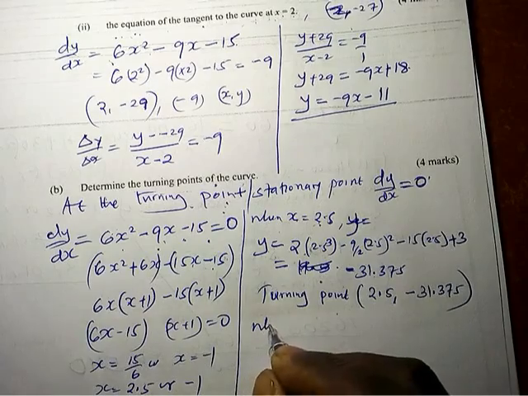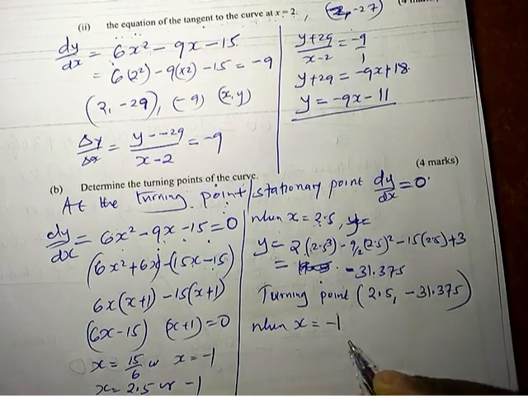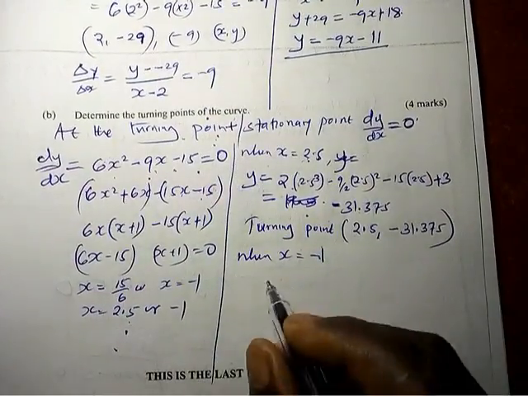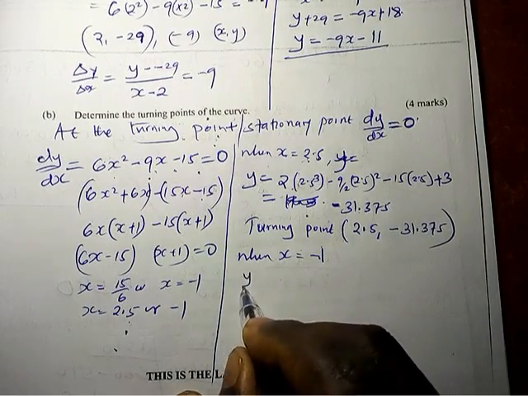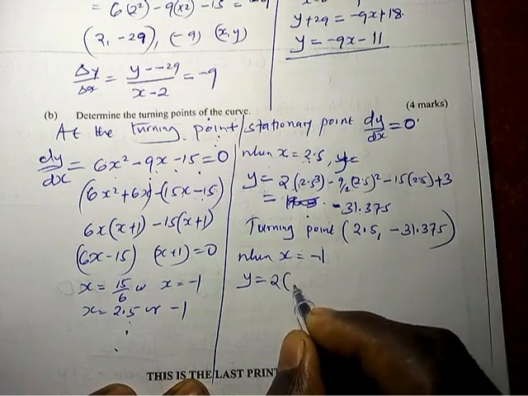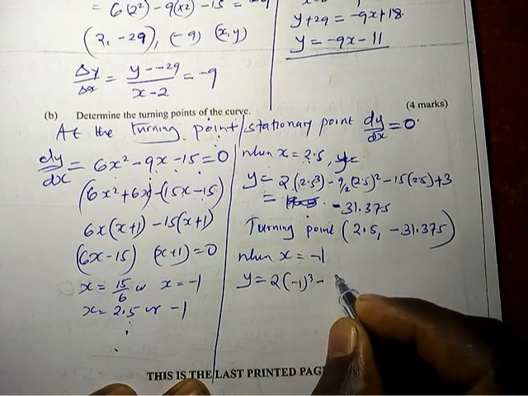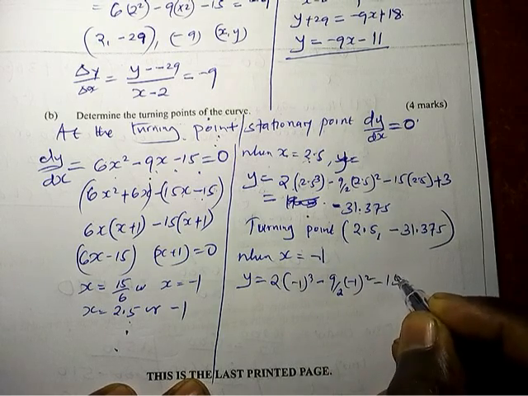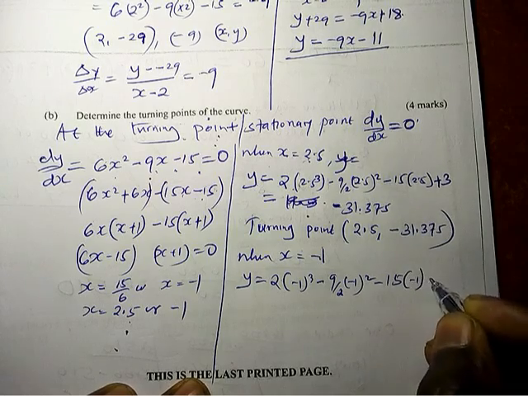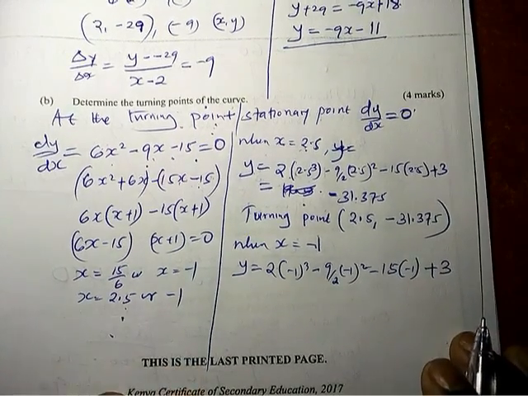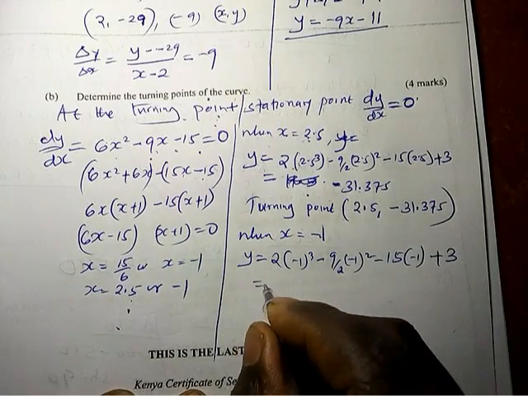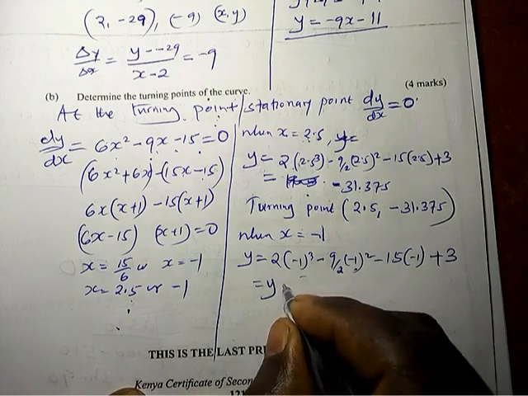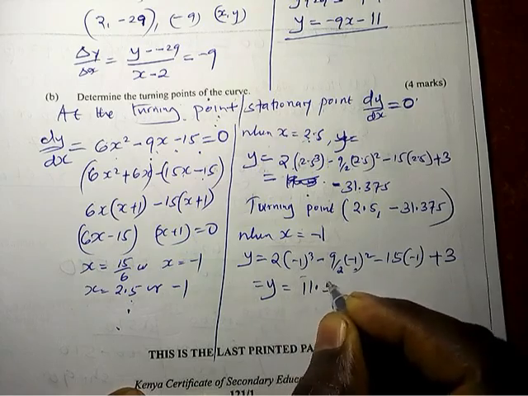When x is equal to negative 1, you substitute negative 1 in the equation. That is y equal to 2 into negative 1 cubed minus 9 over 2 times negative 1 squared minus 15 into negative 1 plus 3. After doing that, using just a calculator, carefully, you will find that the value of y is equal to 11.5.